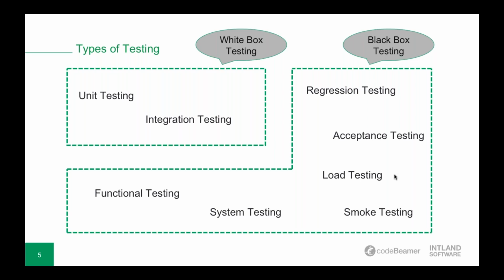While white box testing is a software testing method in which the internal structure, design, and implementation of the item being tested is known to the tester. So it's the exact opposites. And as you can see on the slide here, white box testing is mainly applicable to lower levels of testing, like unit testing and integration testing, while black box testing is applicable more to the higher levels of testing, so acceptance testing, system testing, regression testing, and so on.